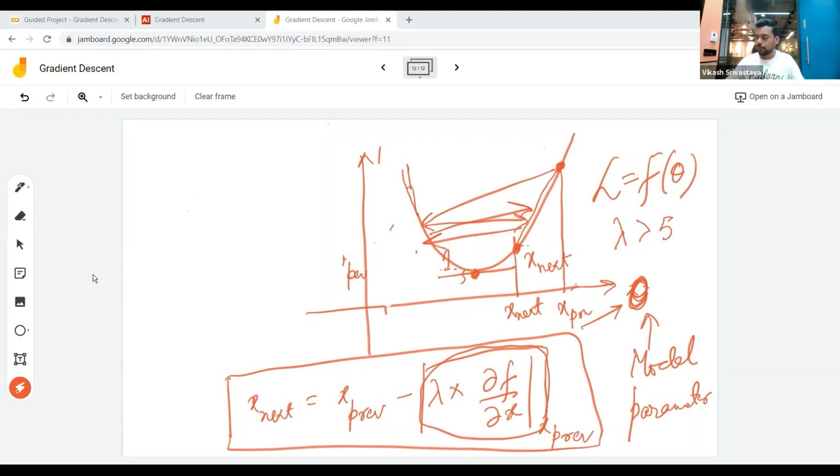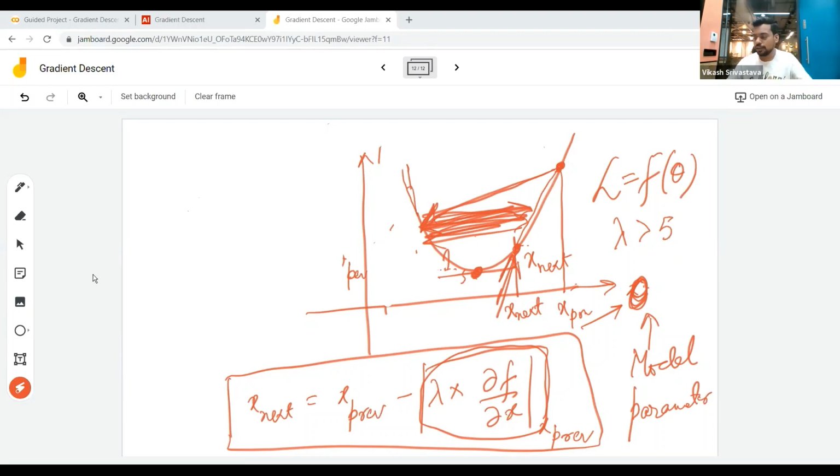Rather than arriving at this particular x next, you'll reach this other point. So you might just be moving back and forth here, but not able to descend to the minimum. That is very critical for convergence.